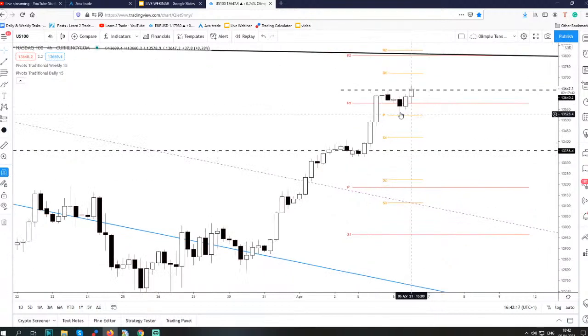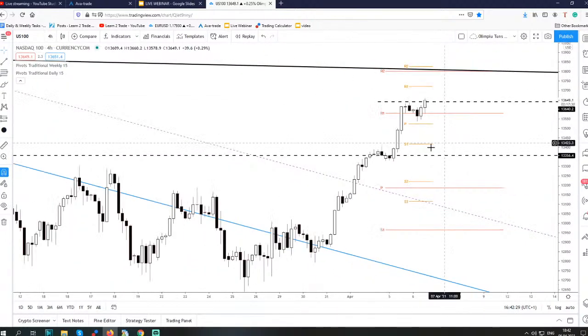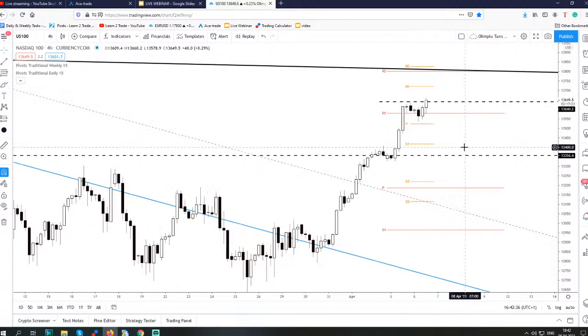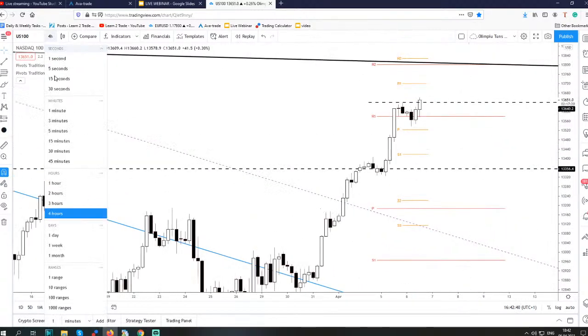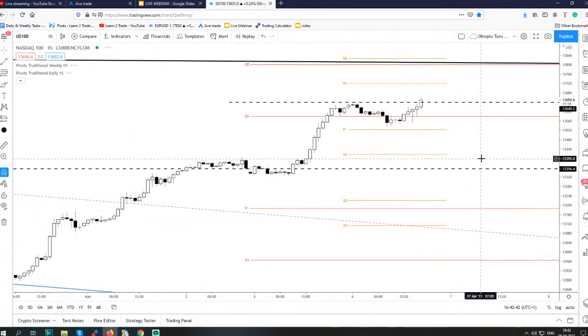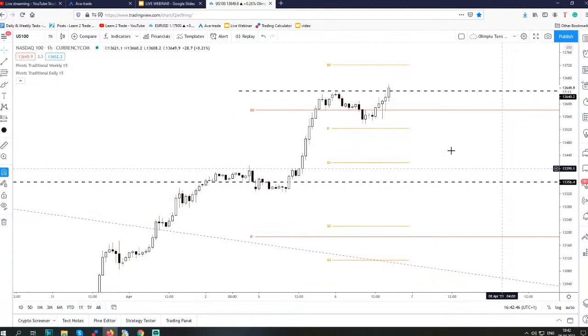The price has dropped below the weekly R1 resistance. Okay, and personally I was expecting a broader correction in the short term, but now the price seems determined to continue to increase.